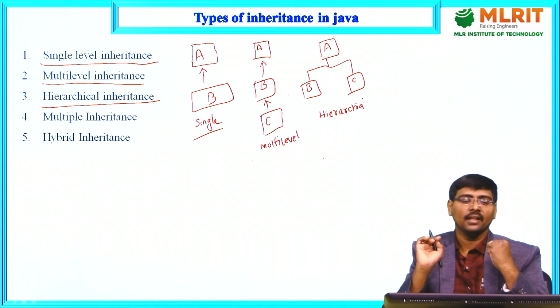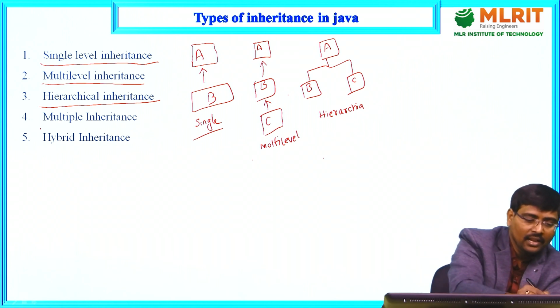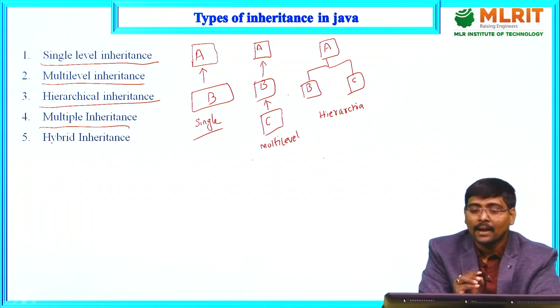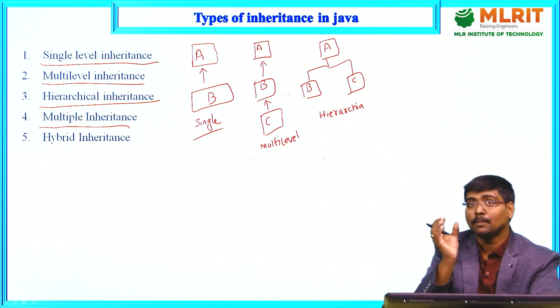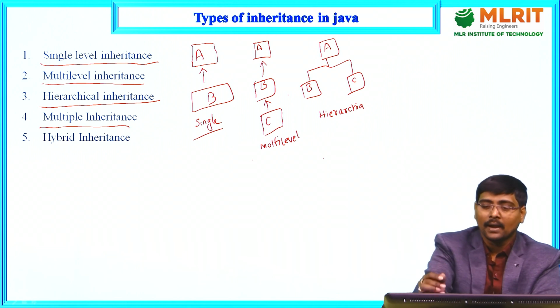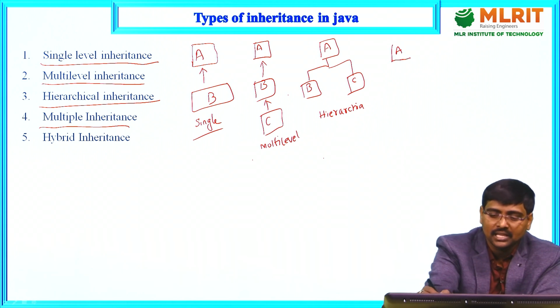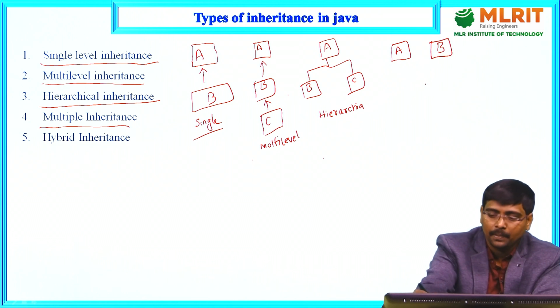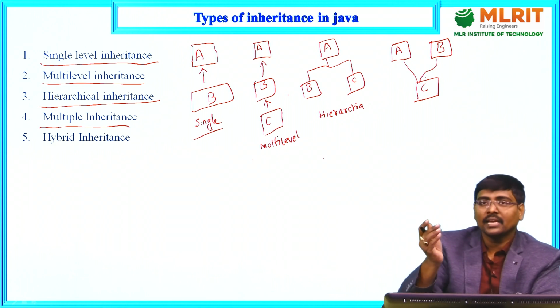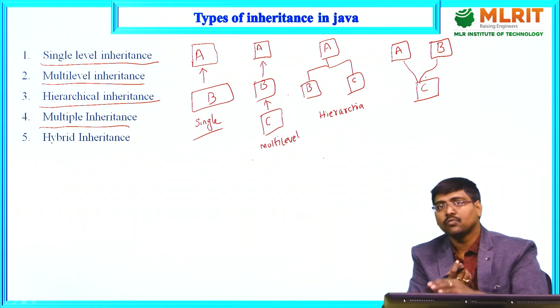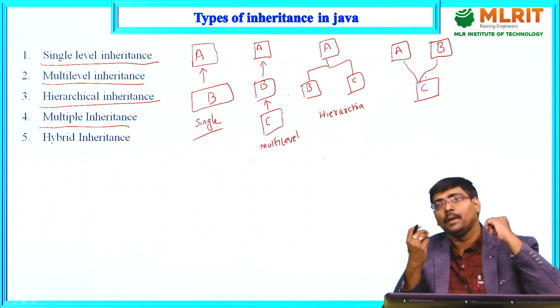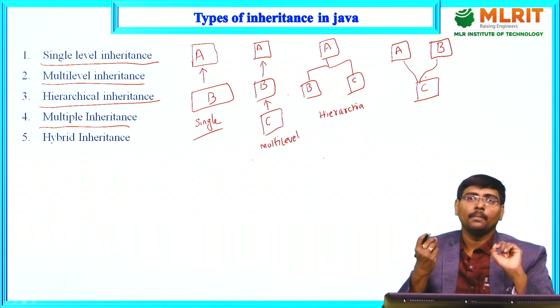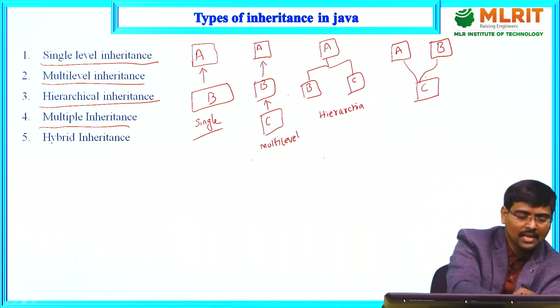That is called hierarchical. And the next one is multiple inheritance. Multiple means multiple parents. A is one parent, B is another parent, C is the child. Now C extracts the properties from more than one parent. That is called multiple inheritance.